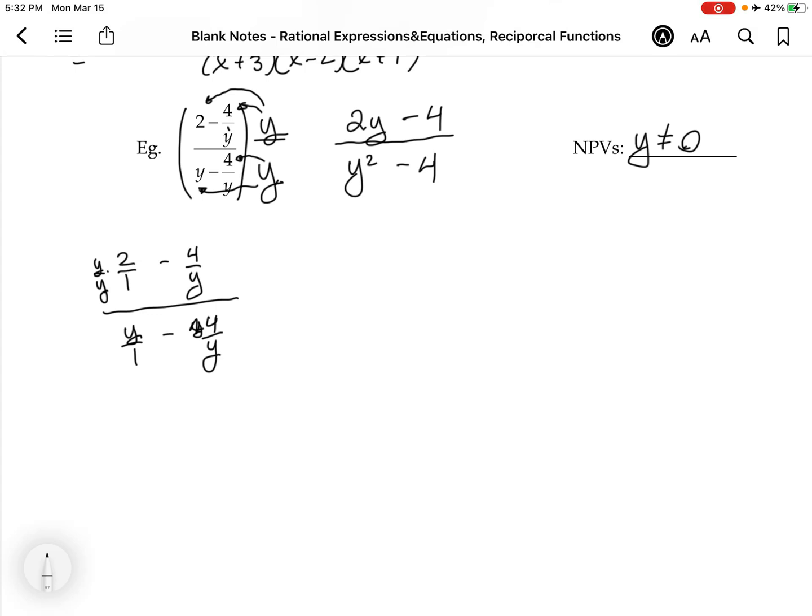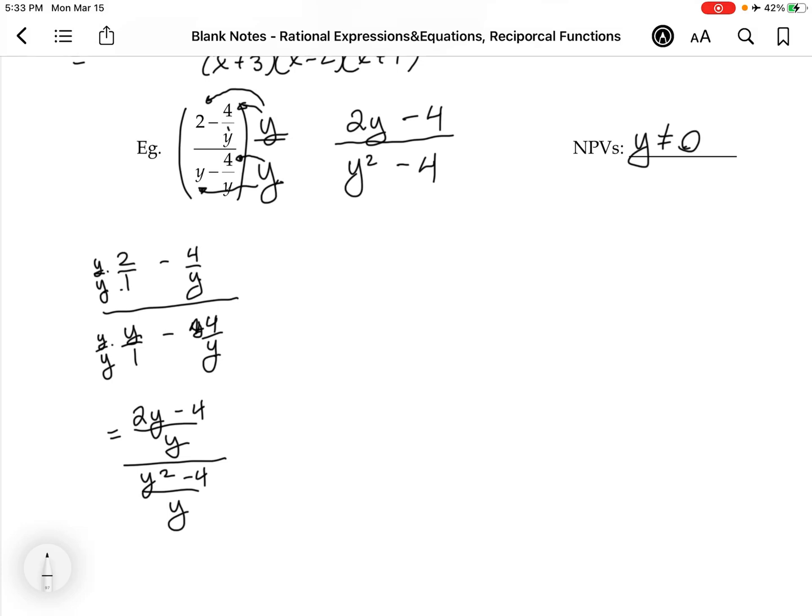So I got to multiply this by y over y. And I got to multiply this by y over y to achieve an LCD here and here and here and here. And that's going to give me 2y minus 4 over y over y squared minus 4 over y.